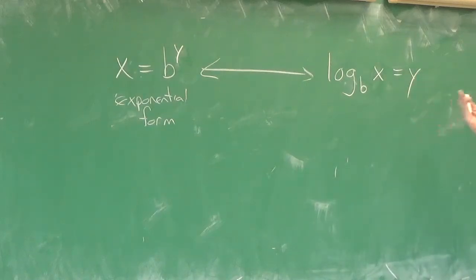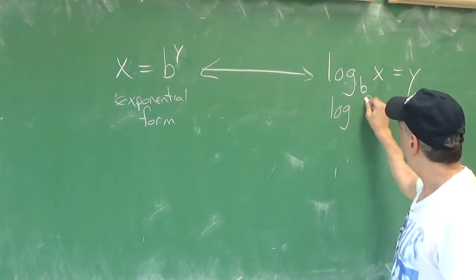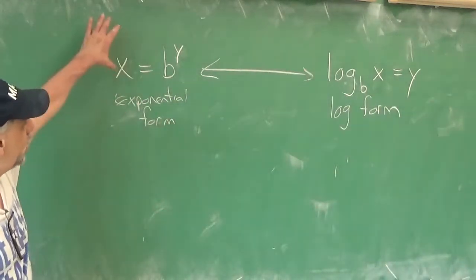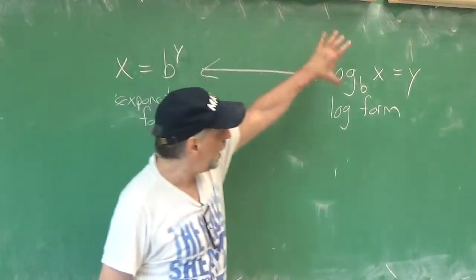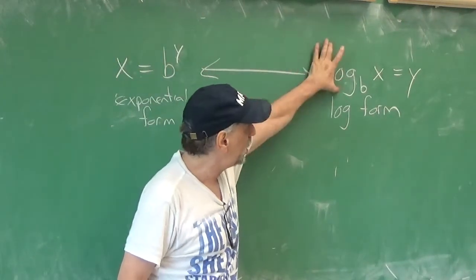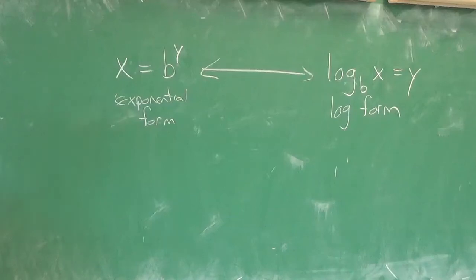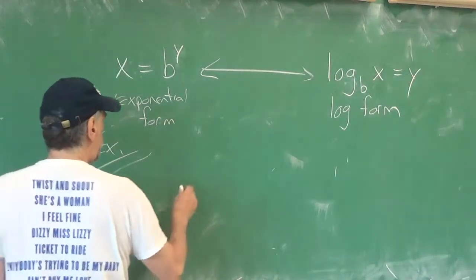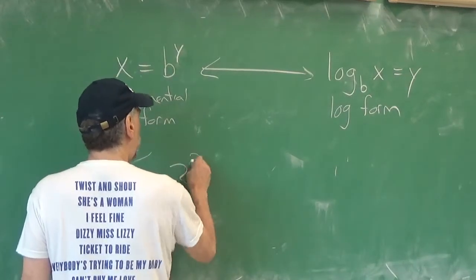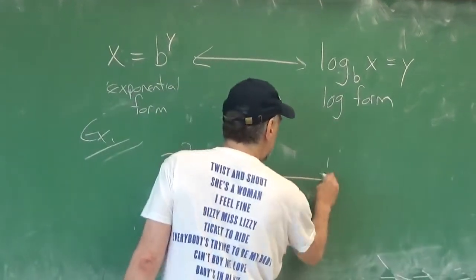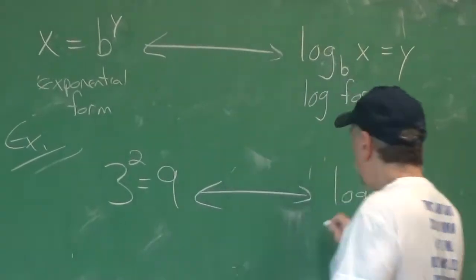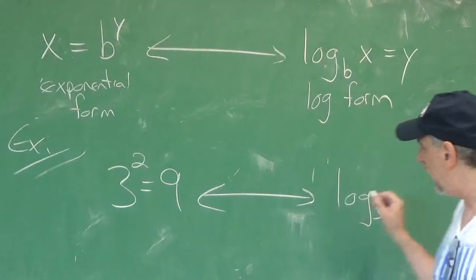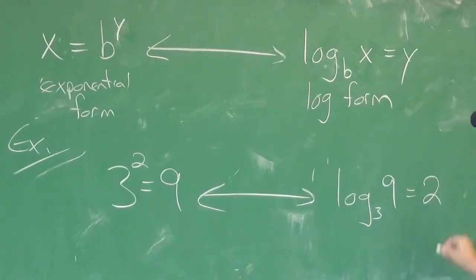These are equivalent statements. This is called log form. This is called exponential form. If you're given this form, you want to be able to write it as this. If you're given this form, you want to be able to write it as that. So for example, if I say 3 squared equals 9, that's the same as saying logarithm base 3 of 9 is 2.